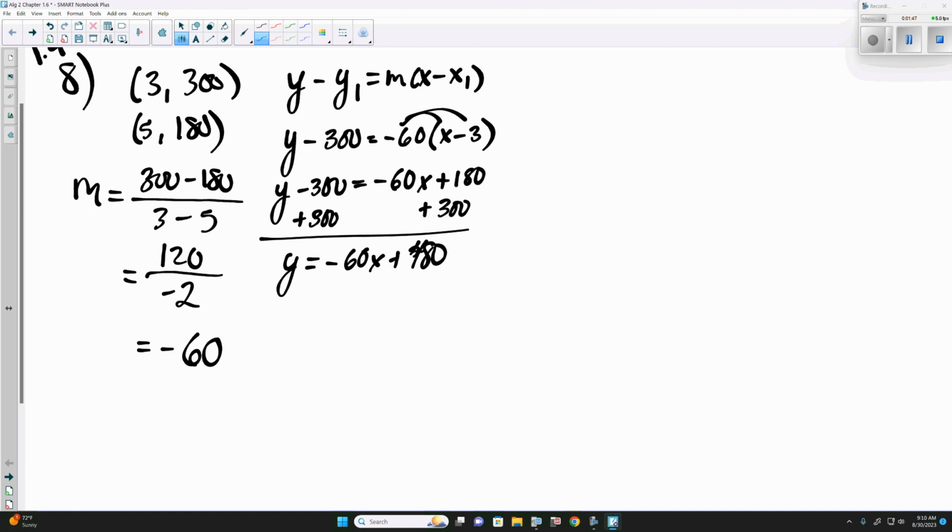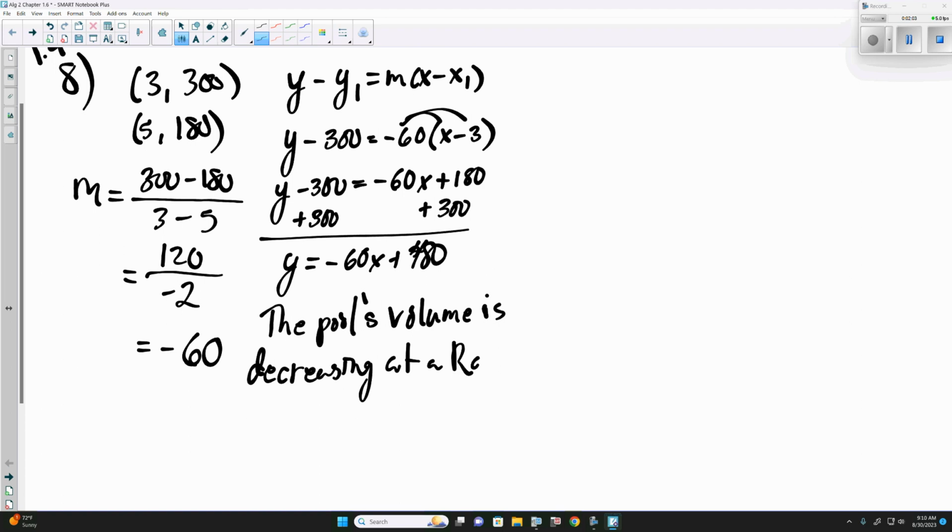And to interpret the slope, the pool's volume is decreasing at a rate of 60 cubic feet per hour.